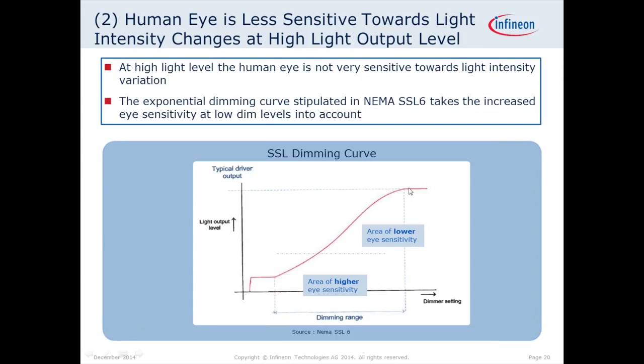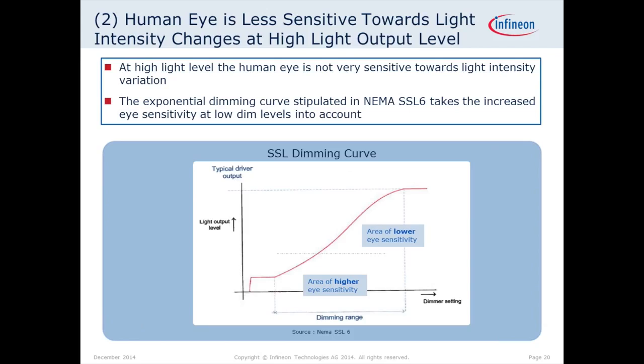As you can see, at higher light output, the dimmers can go faster because the human eye response is exponential, meaning at this stage the human eye hardly recognizes a light intensity change. And when it comes to the lower light output ranges, the human eye can detect much more. And the further down you go, the more the human eye sensitivity increases.